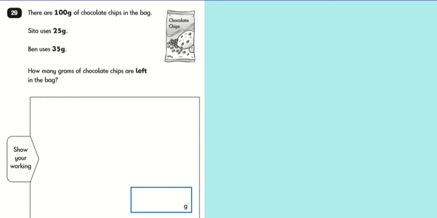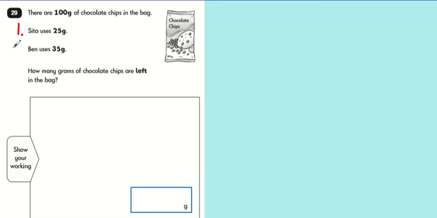Okay, so we need to find out or decide what happens first and then what happens next. So to start with, I've got 100 grams, haven't I? Before the bag's even opened, I've got 100 grams. First, Sita comes along, she opens the bag of chocolate chips and she uses 25 grams, doesn't she?